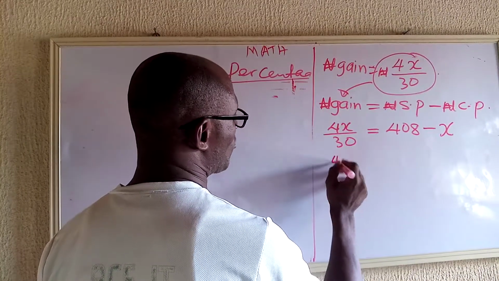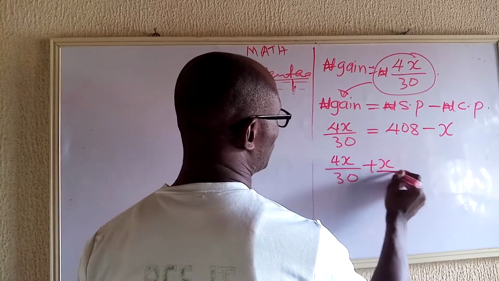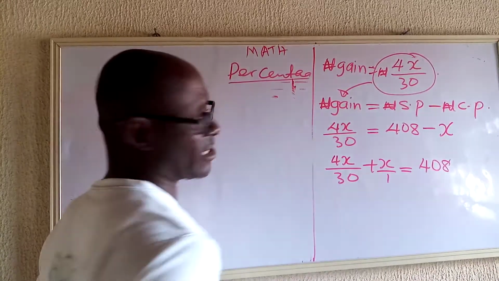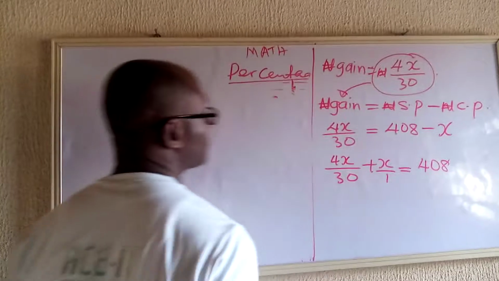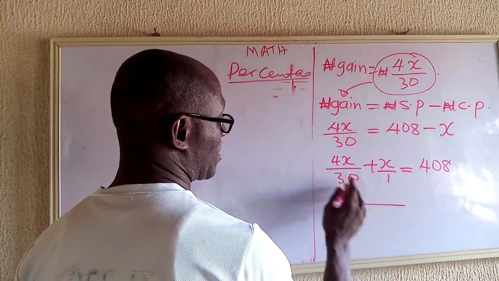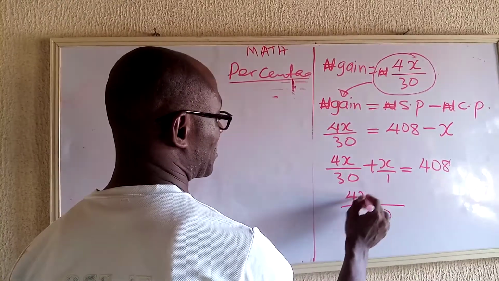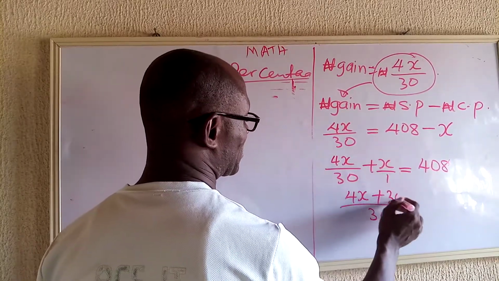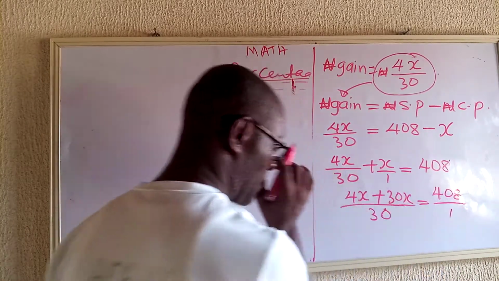So that means we have 4x over 30 plus x over 1 equals, who is left here? 408. Because we did not take that out of that place. So it's still there. So by the time you find the LCM as we did the other time, 30 in 30 times 4x, that's 4x. 1 in 30, that's 30, times x, that's 30x, equals 408 over 1.